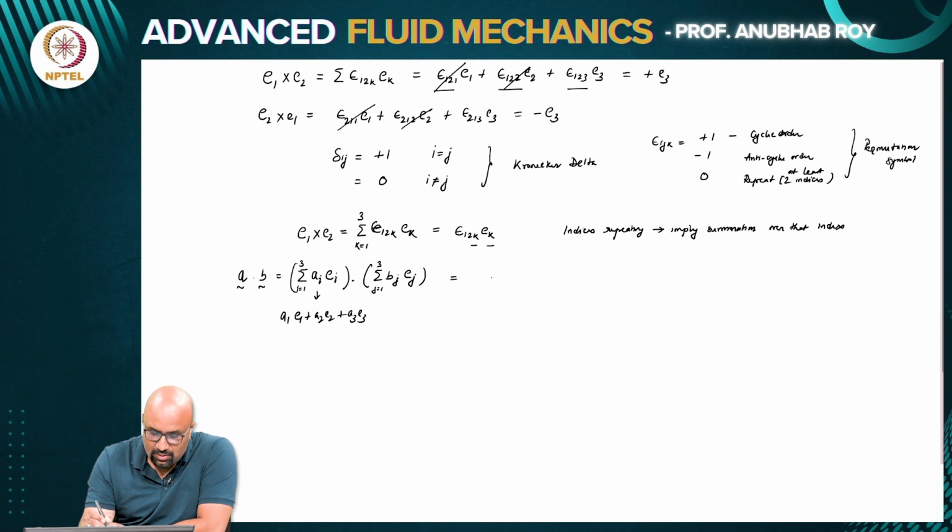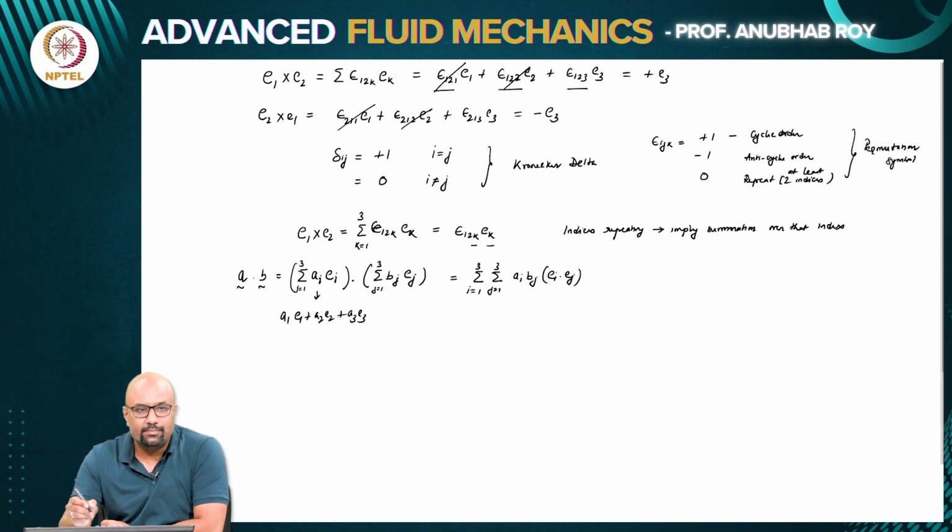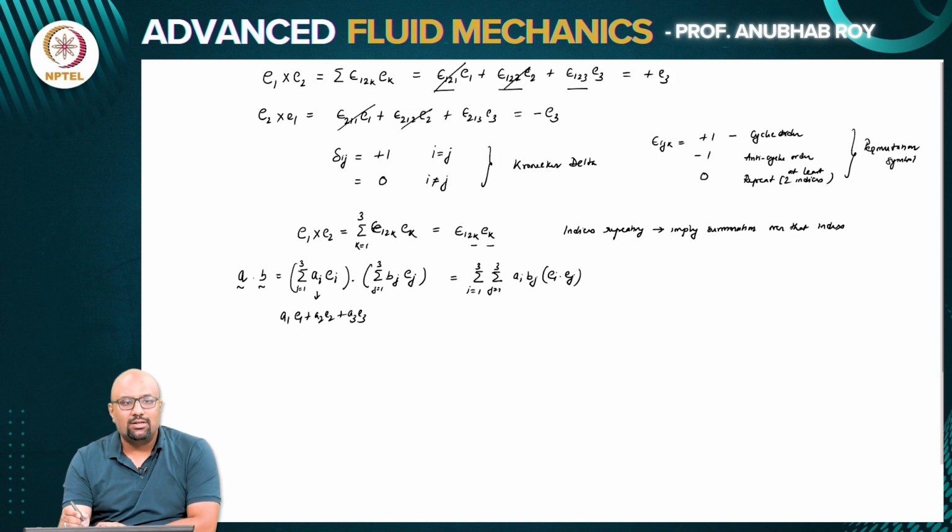So, let us now do the dot product. I will have i equals 1 to 3, j equals 1 to 3, Ai Bj Ei dot Ej. Ei, to remind again, is the unit vector in the ith direction, Ej is the unit vector along the jth direction.